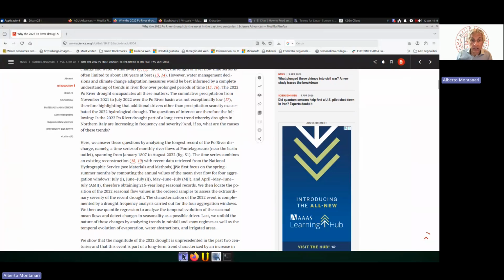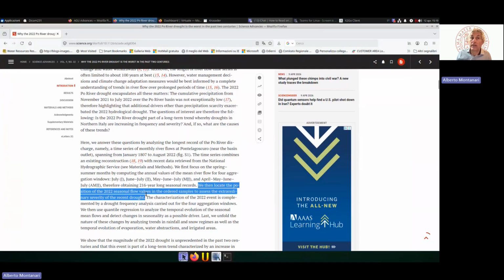And then additional details are provided. We first focus on the spring-summer months. Okay, and then we locate the position of the 2022 seasonal flow values in the ordered samples to assess the extraordinary severity of the recent drought. So my understanding is that a long time series is analyzed.